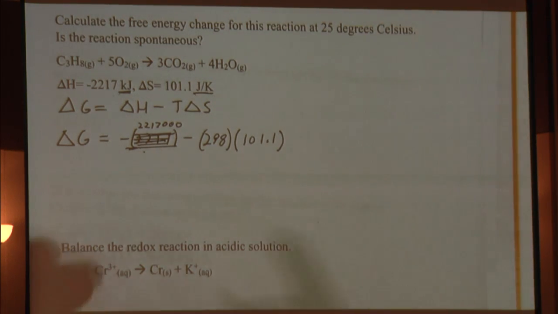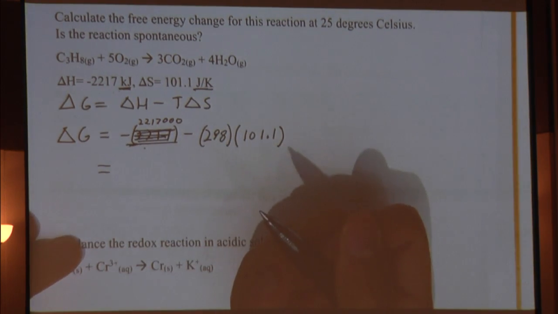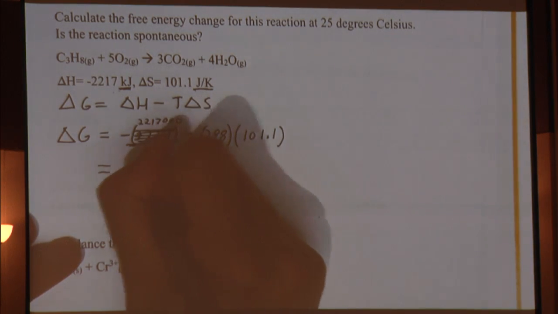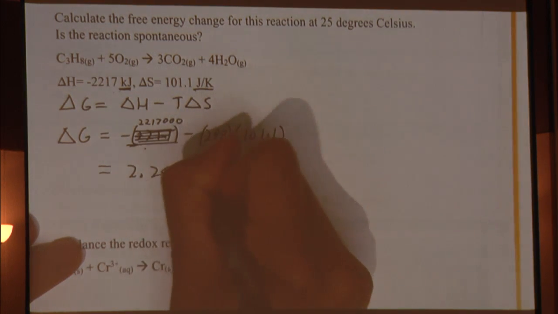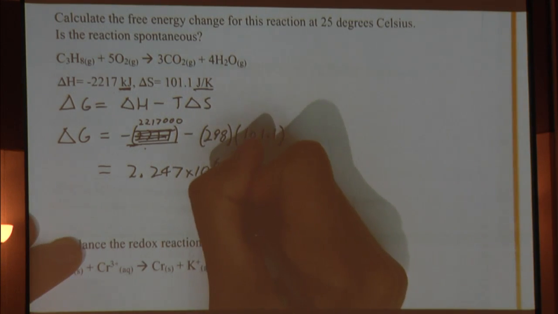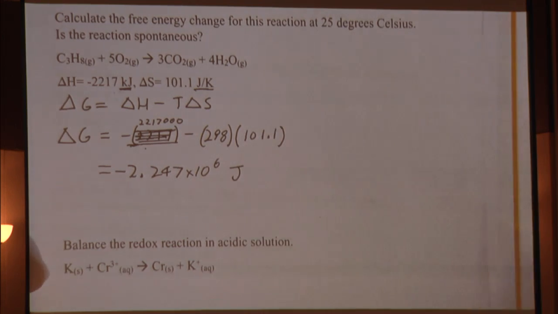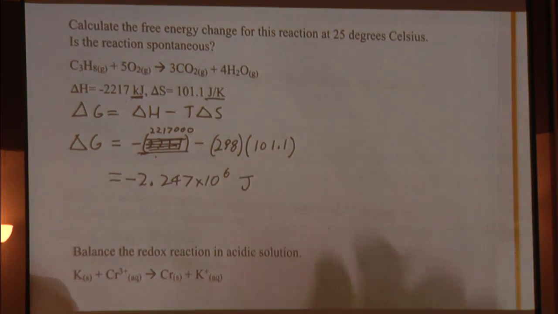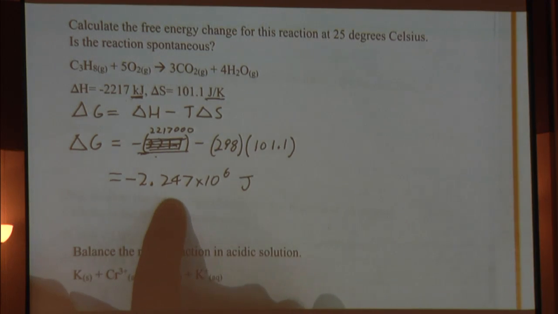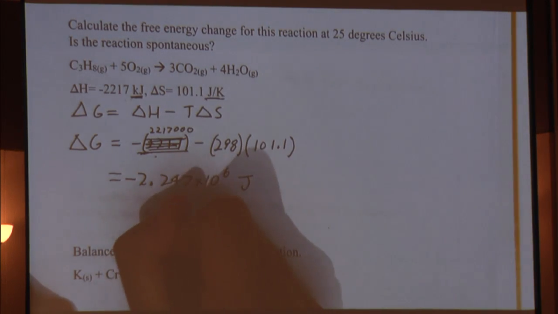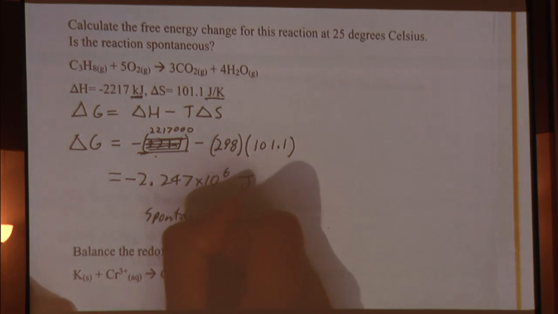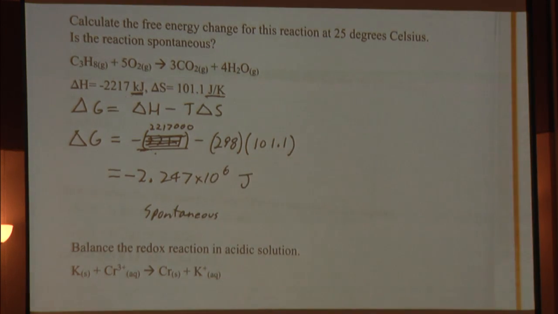So now we can punch our numbers into the calculator and we'll get negative 2.247 times 10 to the 6th power joules. And since this is less than 0, our reaction is spontaneous.